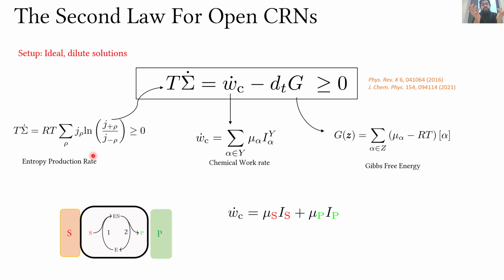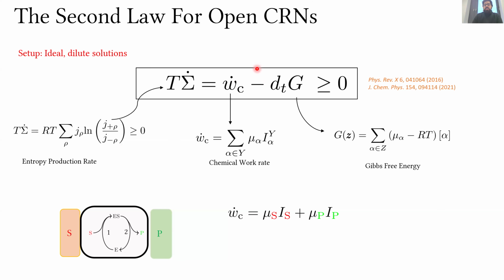It measures the total dissipation in the system and the environment. The entropy production rate is always positive, and you can see the formula written down here. This also illustrates why we need elementary reversible reactions. You see that the entropy production rate involves both the forward and the reverse fluxes for each reaction. So neglecting even one of these would give you a nonsensical result, basically.